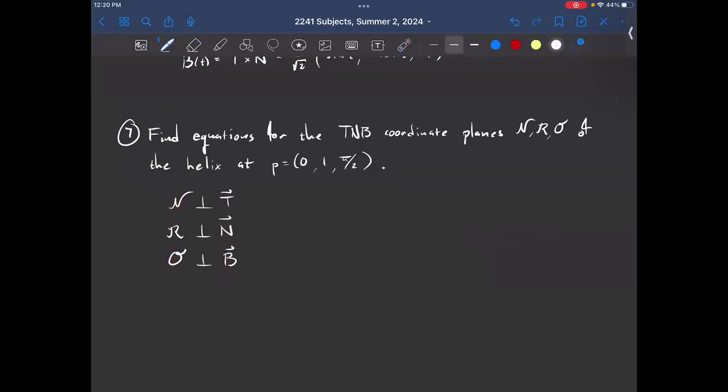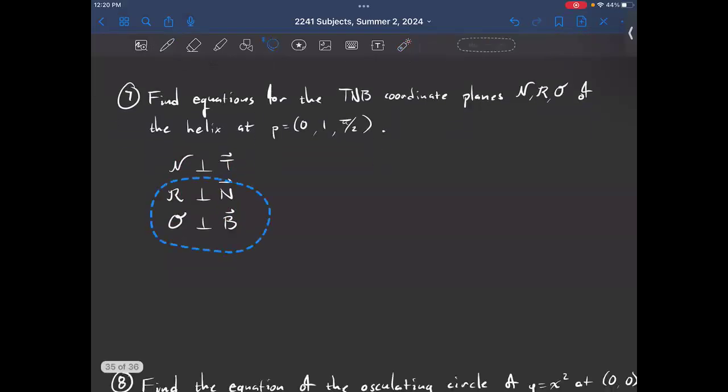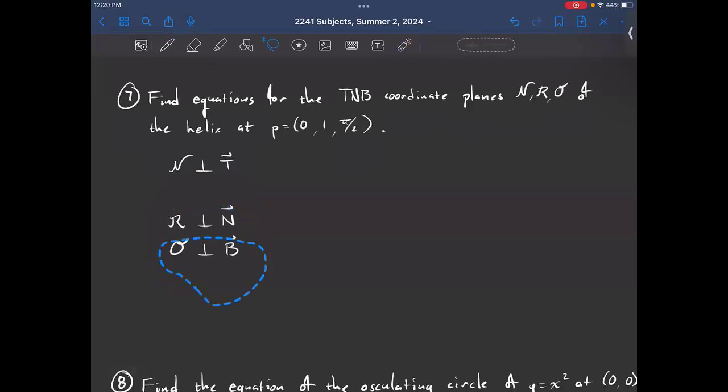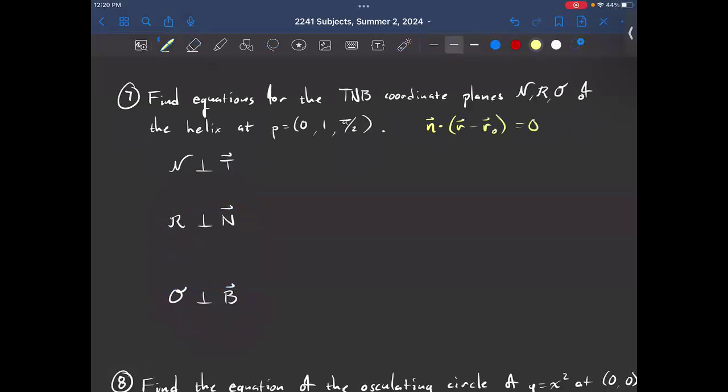Hopefully easier to remember. All right, so if these are the vectors normal to each of these planes, then we know how to write down the equations. We simply use them in the little n dot r minus r0 equals 0 equation.